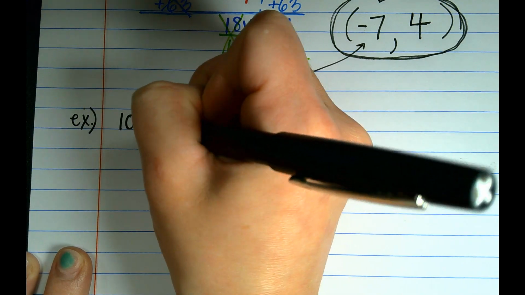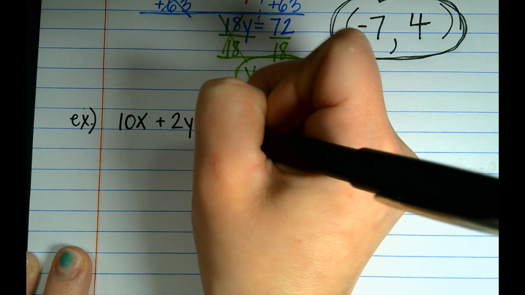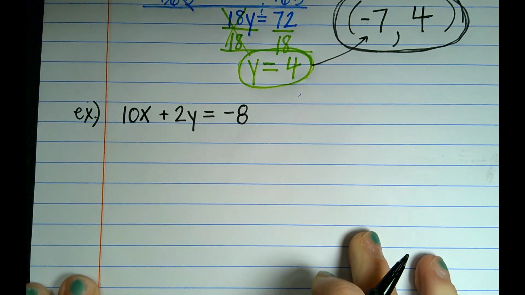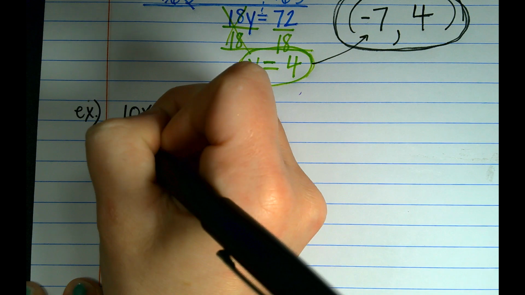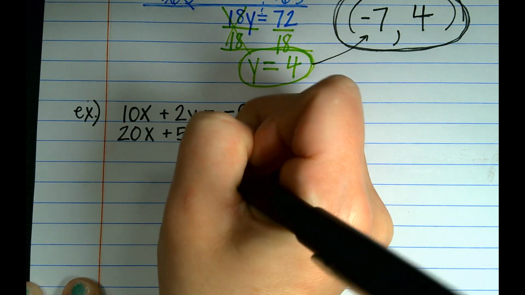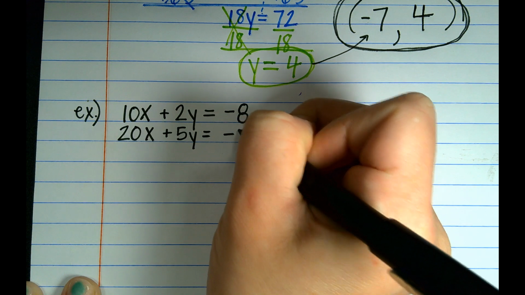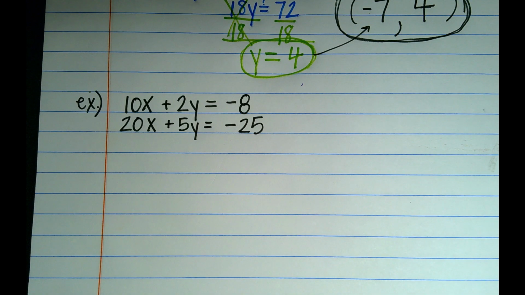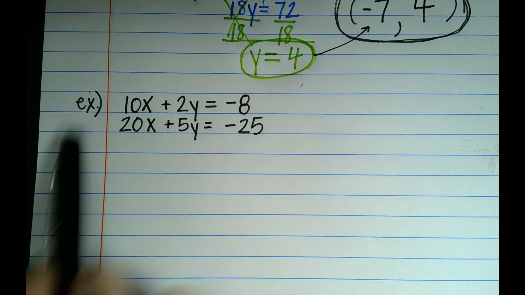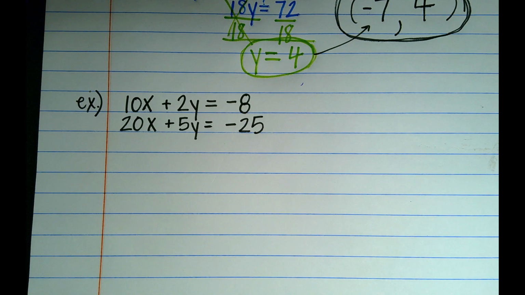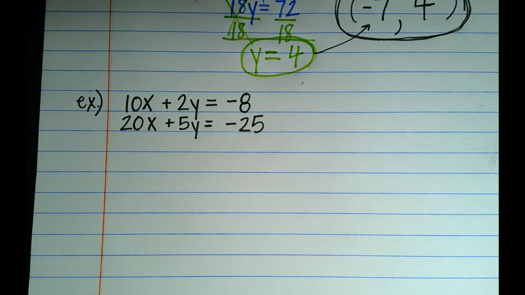10x plus 2y equals -8, and 20x plus 5y equals -25. So, looking at both equations, which variable do we want to try to match up?